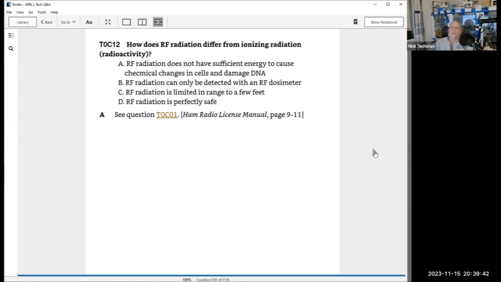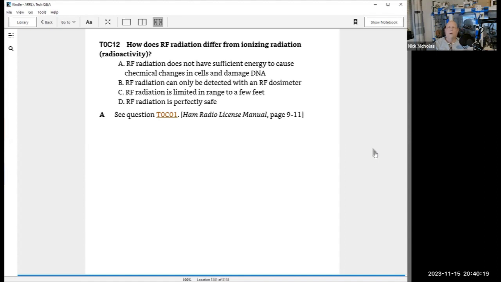How does RF radiation differ from ionizing radiation, radioactivity? All right. RF radiation doesn't really have enough energy to cause significant chemical changes in cells and damage DNA like radioactivity does, because radioactivity actually emits particles.